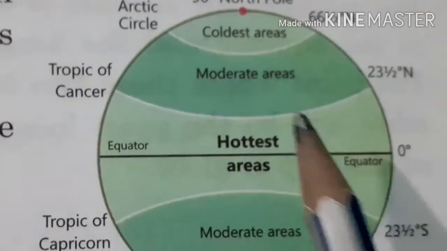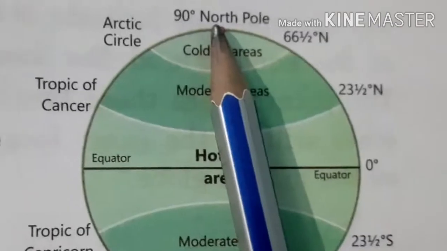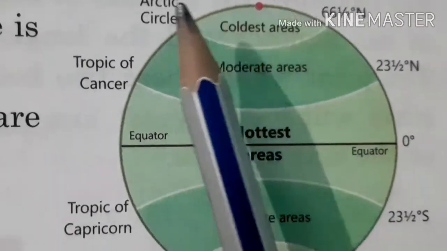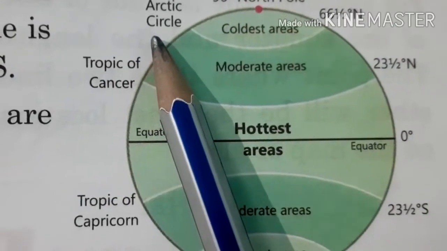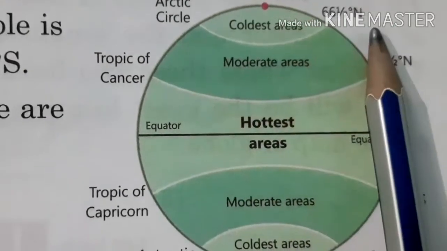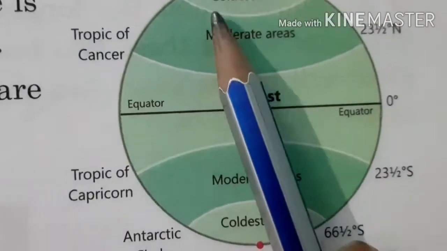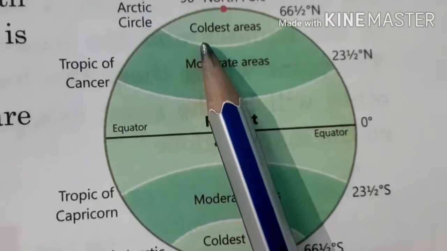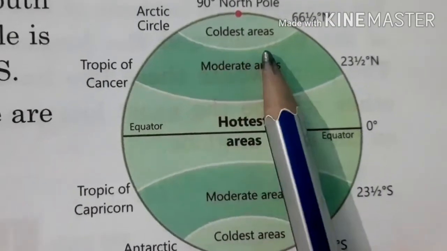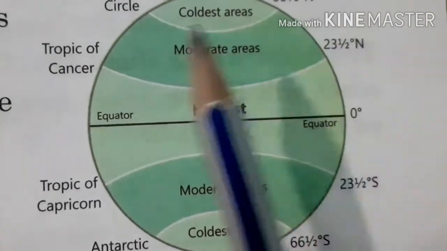This is the diagram of the earth. The North Pole is at about 90 degrees, and this is the Arctic Circle. The Arctic Circle is the coldest region because it does not get heat from the sun for the whole year. It is about 66.5 degrees north.